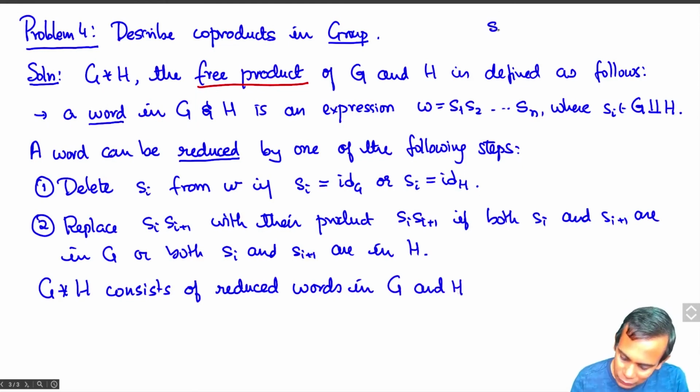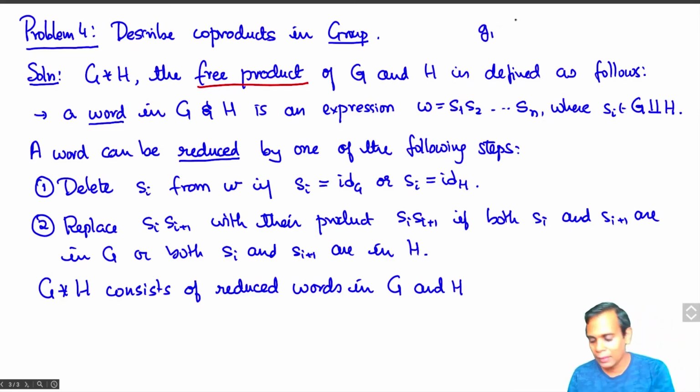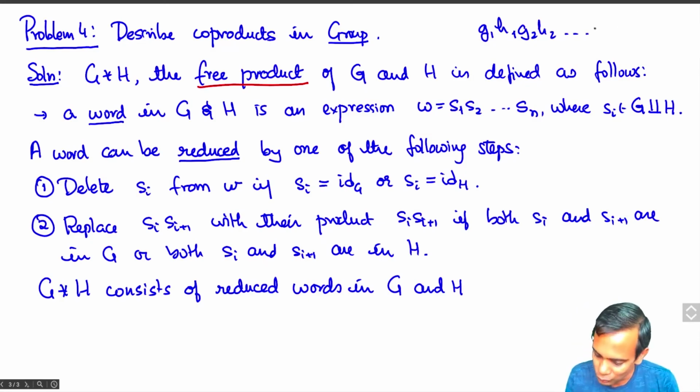Well, a reduced word would start with, say, some element of one of the groups. So say it starts with an element of G, G1. But then this G1 cannot be the identity of G. The next letter has to be from the group H. So it has to be H1, G2, H2, and then it can either end with G or with H. So an example is something like G1, H1, G2, H2, up to GK, HK.